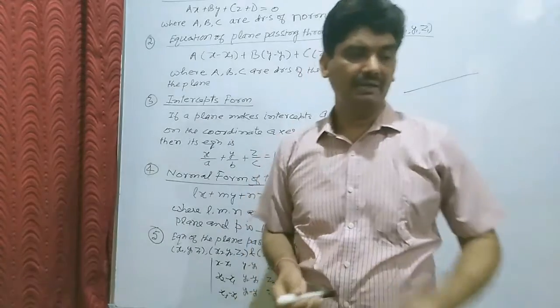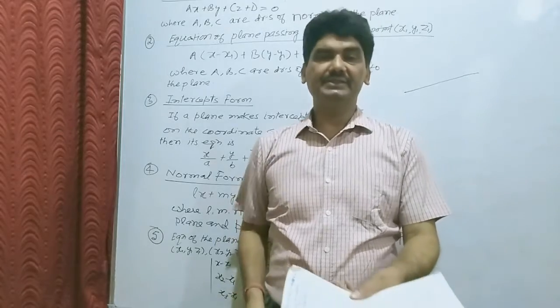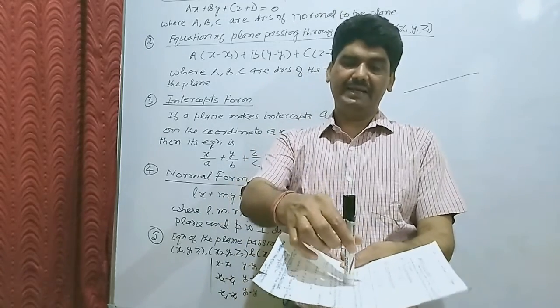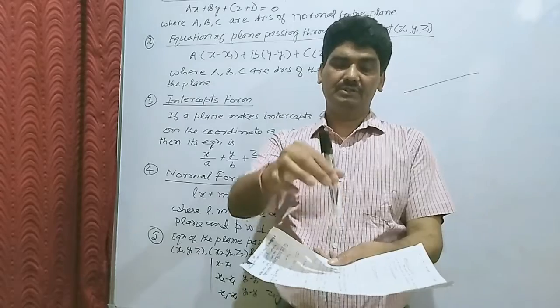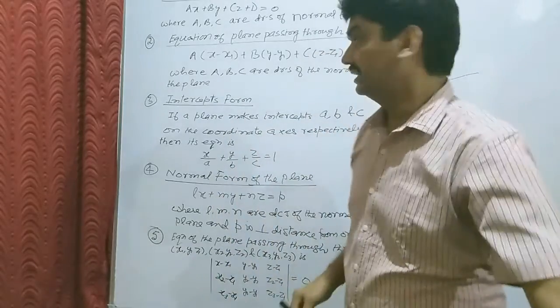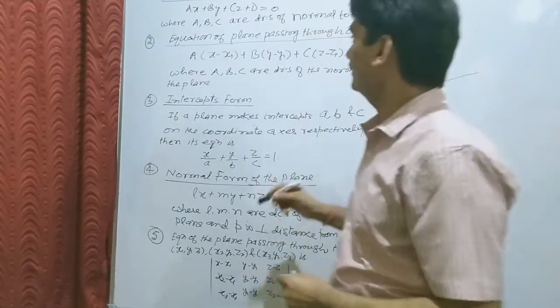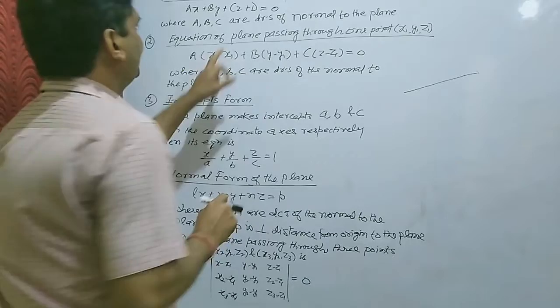For example, this paper sheet is a plane, and the normal is the line perpendicular to this. So it will be the normal. So DRs a, b, c are DRs of the normal to the plane. Okay. And d is the constant.